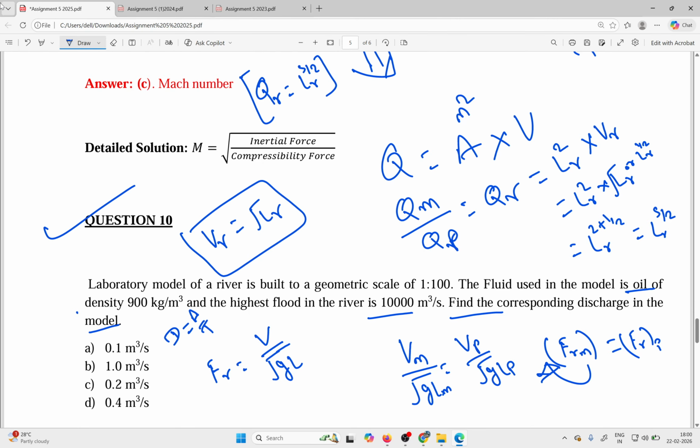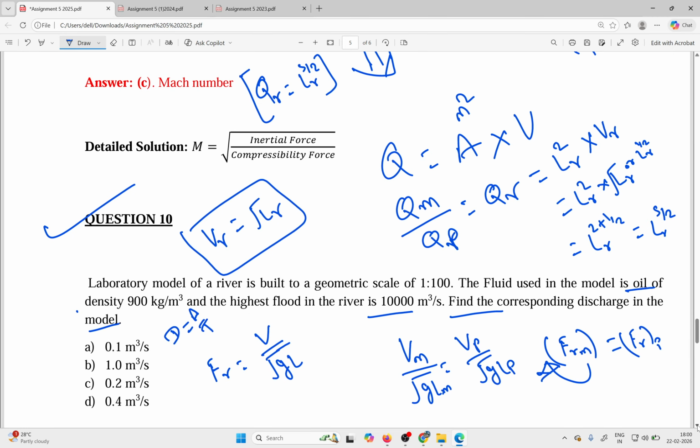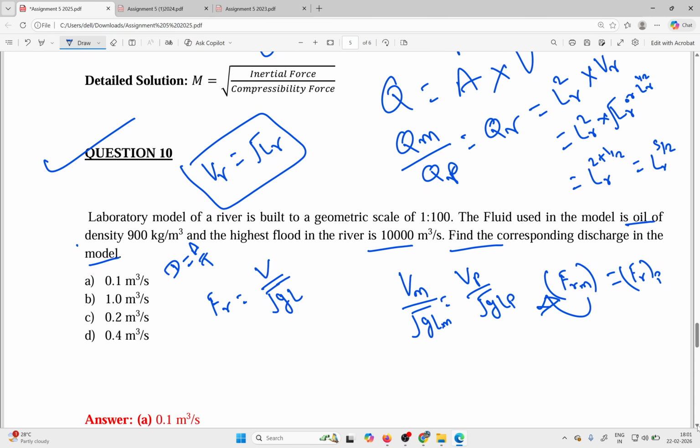Very important. Now the question is, Qm divided by Qp is equal to, LR is given in the question, (1 by 100) to the power 5 by 2. Now you need to calculate the Qm.